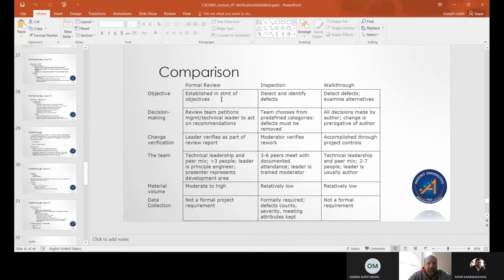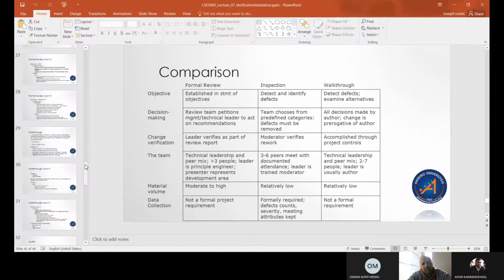The objective of a formal review is established in some statement of objectives. For an inspection, the objective is to detect and identify any defects. An inspection is where we get down into it to see if there are problems. Remember there was a difference between a defect and a fault: just because there are problems in code doesn't always mean it can't go out.